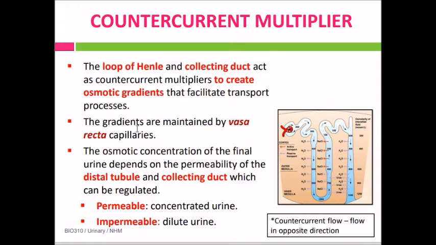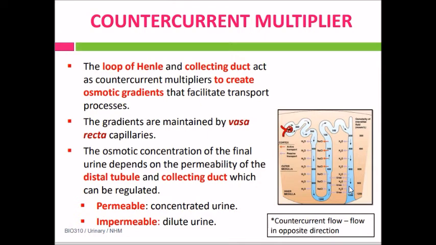And the gradients are maintained by the vasa recta capillaries, located at the lower part of the nephrons. And the osmotic concentration of the final urine depends on the permeability of the distal tubule and also the collecting duct, which can be regulated.